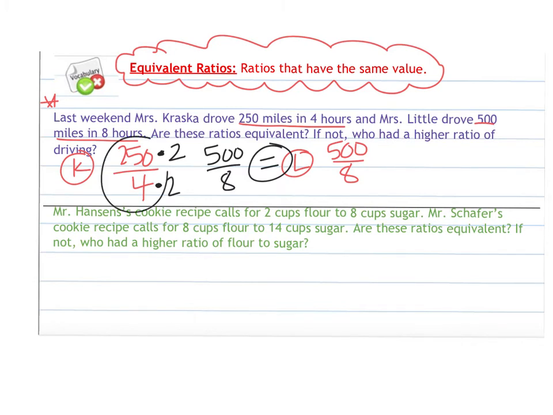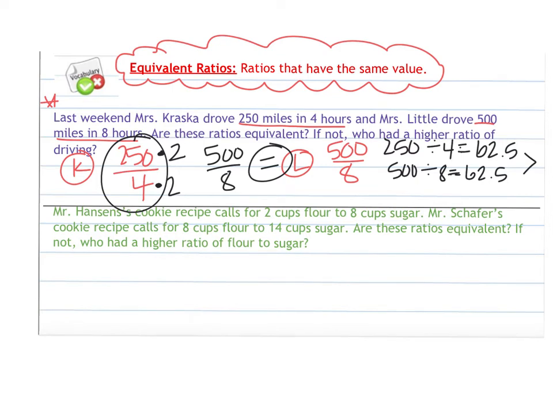Another way that I could do this is I could take 250 to 4, and I could do 250 divided by 4, and I would get 62 and a half. And then I could take 500 divided by 8, also get 62 and a half. And that also tells me that those are equivalent.